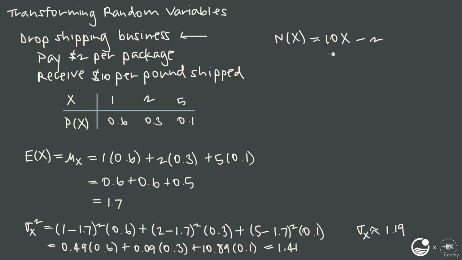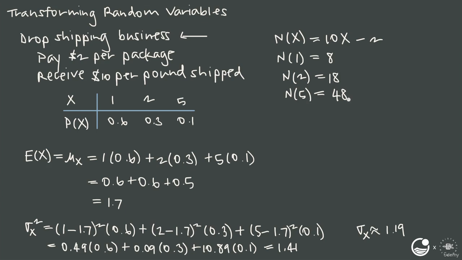So if we then take this net gain equation and evaluate it at all of the values that x can take on, 1, 2, and 5, when x is 1, we get 10 times 1 is 10, minus 2 is 8. When x is 2, for a 2-pound package, we get 10 times 2 is 20, minus 2 is 18. And for one of the 5-pound packages, when x is 5, we get 10 times 5 is 50, minus 2 is 48.